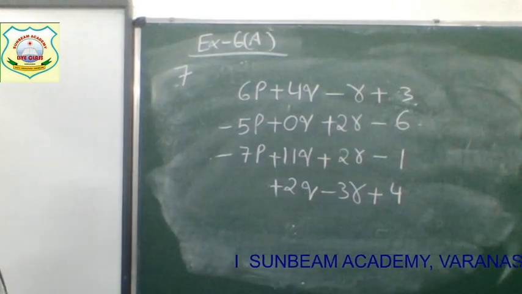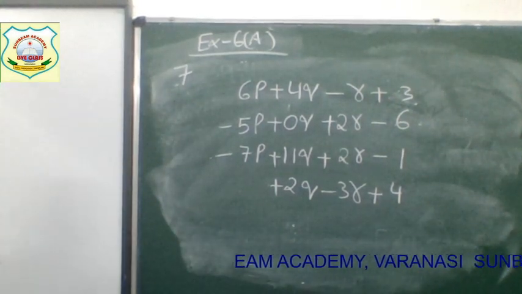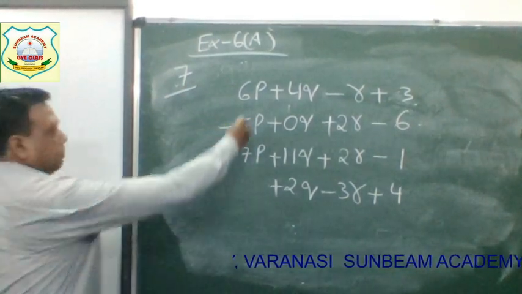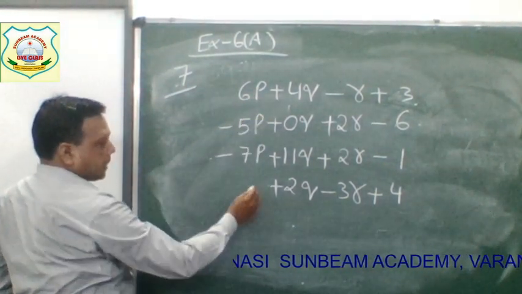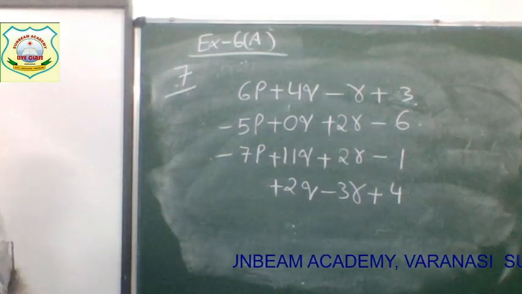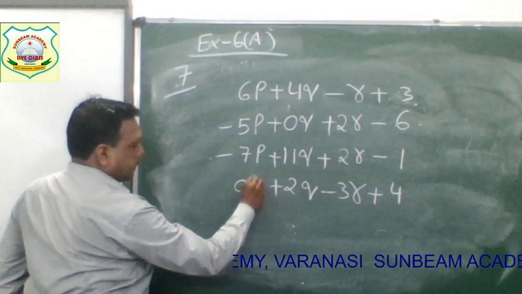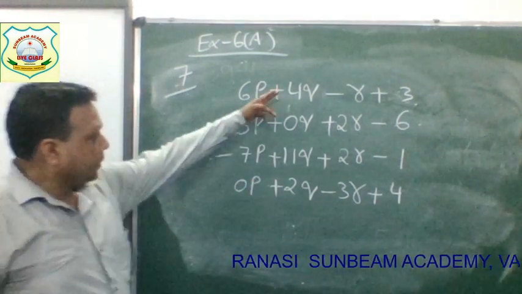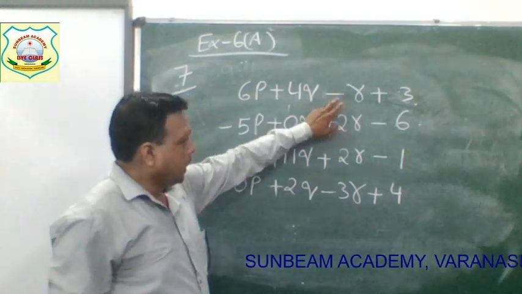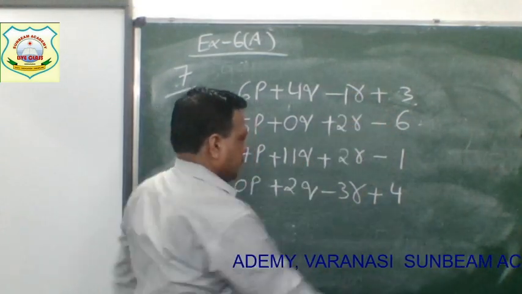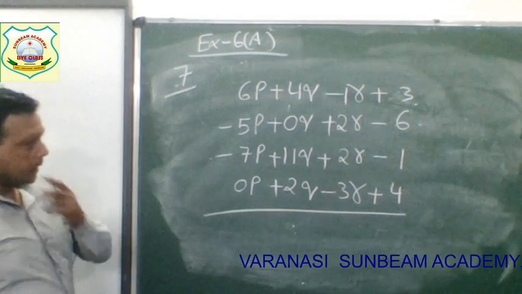Students, now you can check your question number 7. On the p side, p is given everywhere, but in the fourth expression there is no value, so similarly we write 0p. Here 4, 0, 11q, 2q, and r is given as 1r, another r, clear. These are completed.